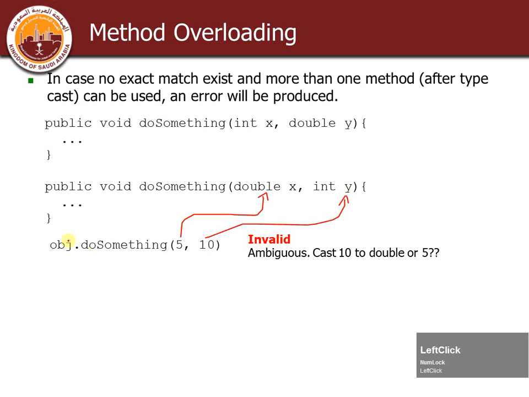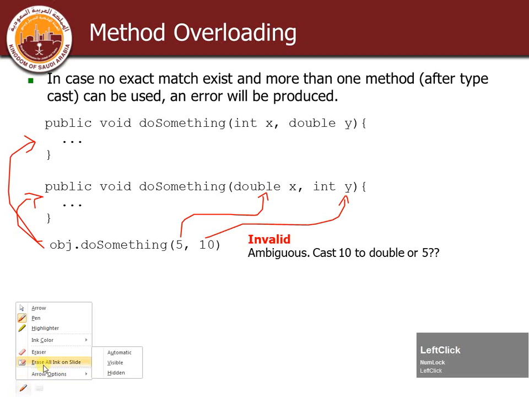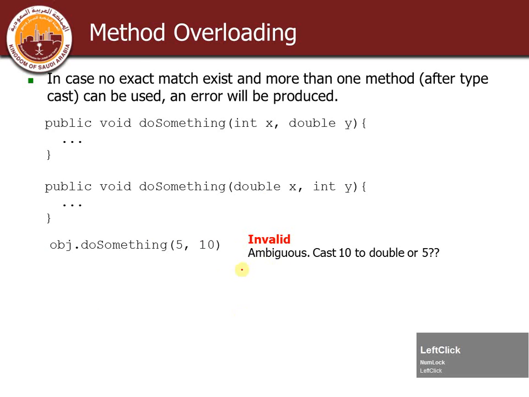So now this can be called either by this one or that one, and which one is going to be selected? The compiler will not decide for you, so you have to decide for yourself. The ambiguity comes because these two cases are quite ambiguous in this scenario.